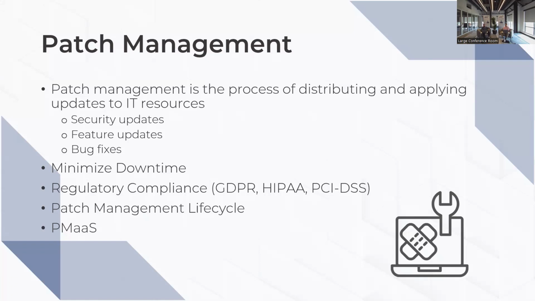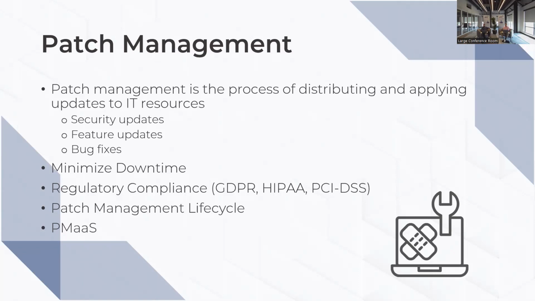You'll have security updates, which are security patches that address a known vulnerability in any of those items I mentioned before. This is key because hackers are often looking specifically for those unpatched endpoints. Feature updates bring new features to apps and devices that can improve performance and productivity. And then bug fixes typically address minor issues, not often security risks, but can help with performance.